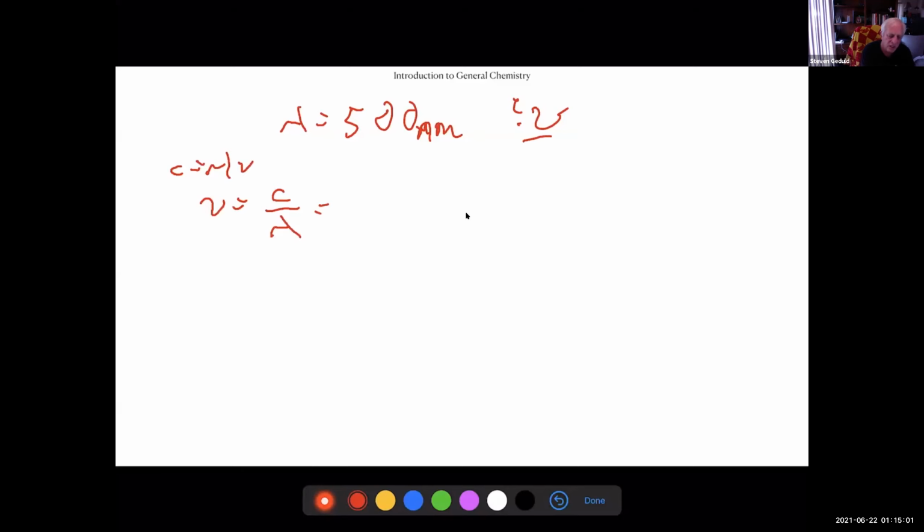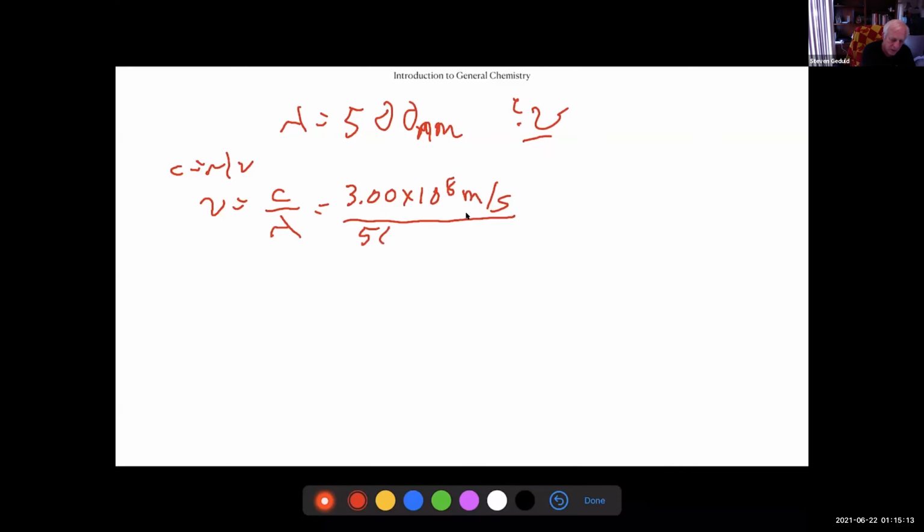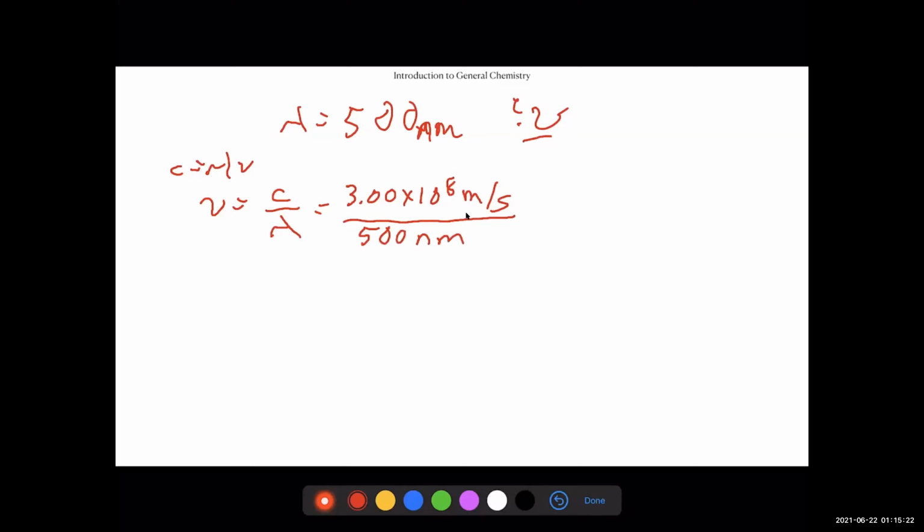So we know C, 3.00 times 10 to the 8 meters per second. And the wavelength is 500 nanometers. Okay, everybody good so far with that? Setting it up? Yeah. Okay, now look at, on the top is meters and the bottom is nanometers. You can't have that.